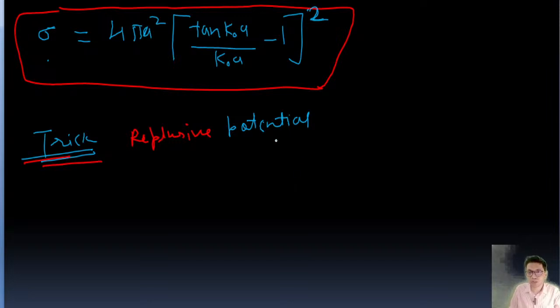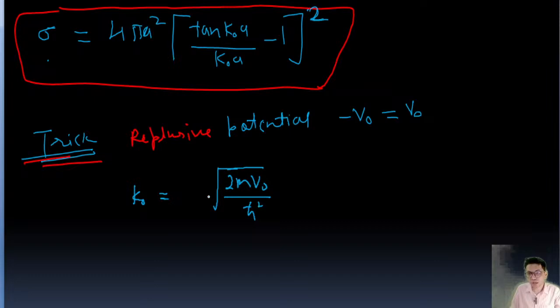So for repulsive potential, minus V naught is going to be equal to V naught, because repulsive means plus. So here the value of K naught is 2m V naught upon h cut square, which I have already explained.